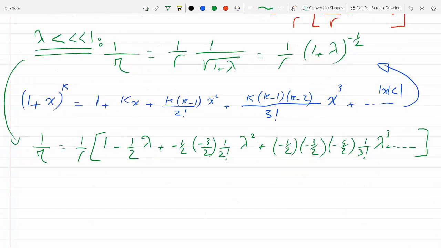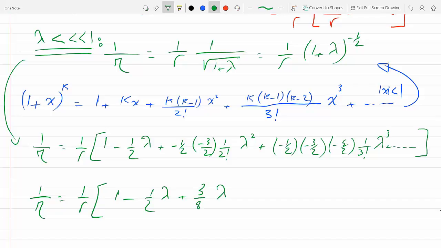Let me simplify this one step here. So this is 1 over r, 1 minus half lambda, plus 3 over 8 lambda squared. And the next term will be what? 15 over, let's simplify the 3 with the 3, we still have a 2, so this is 2 to the 4th, which is 16.